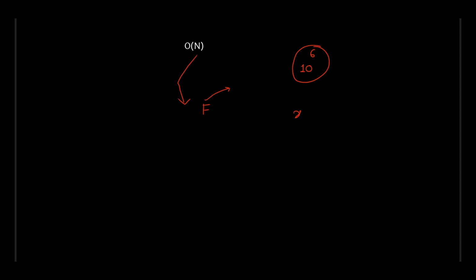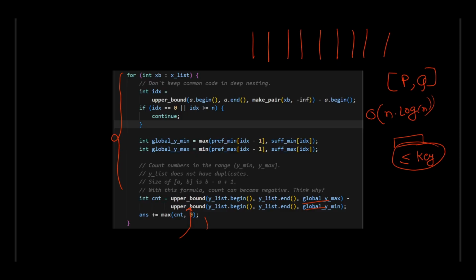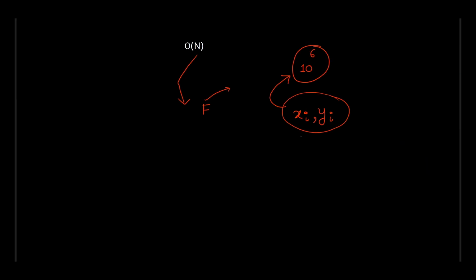The problem that I was talking about mentioned that xi's and yi's are up till 10 to the power 6. So if that is the case, how do you avoid the binary search that you are doing over here via upper bound? Since all the elements are up to 10 to the power 6, you can just maintain an array of size 10 to the power 6.